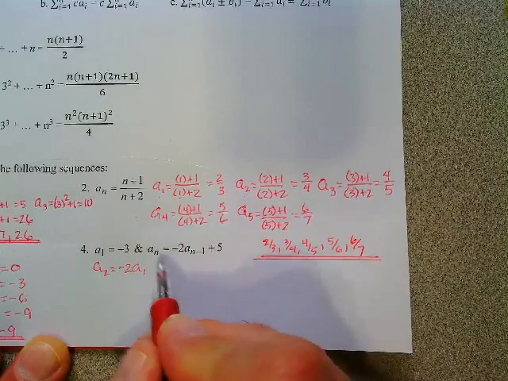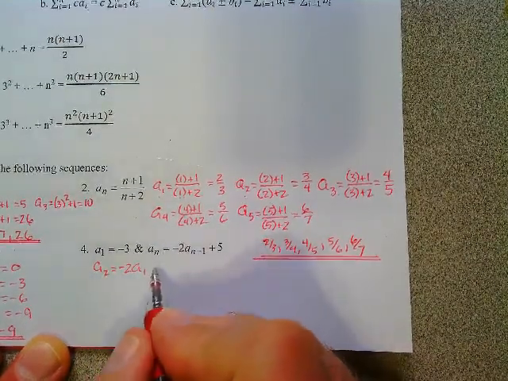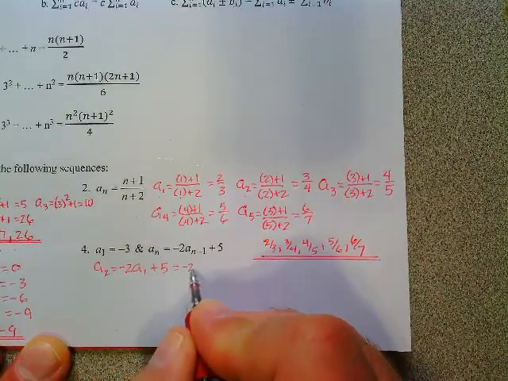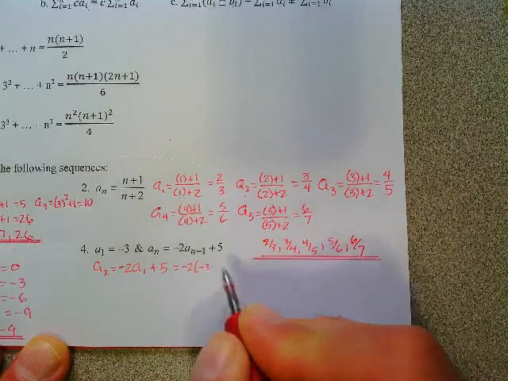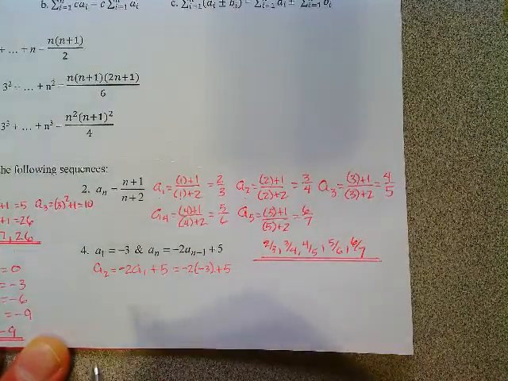Again, that one has to be 1 less than this one. So 1 less than 2 plus 5. So this is negative 2 times negative 3 plus 5. 2 times 3, that's a 6.